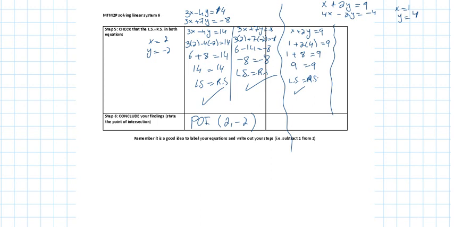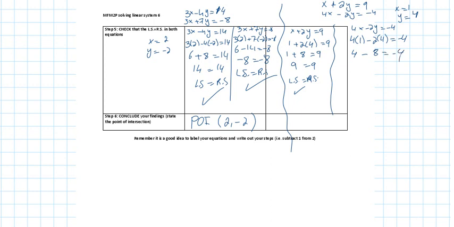Now I have to do the same thing with the second equation. So the second equation is 4x minus 2y equals negative 4. What am I replacing x with? 1. So it's 4 times 1 minus 2 times, what am I replacing y with? 4. So 4 times 1 minus 2 times 4 is negative 8, right?